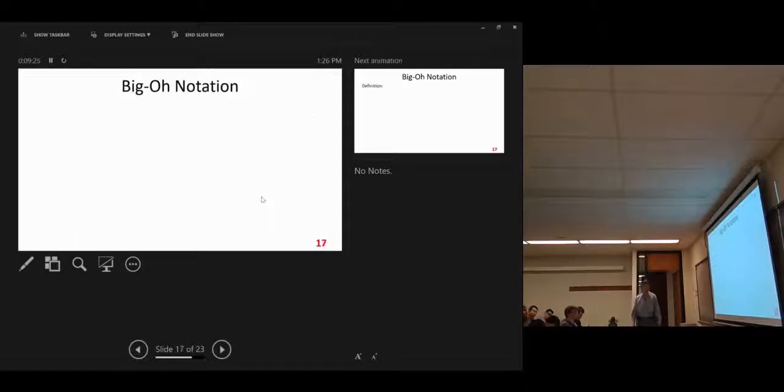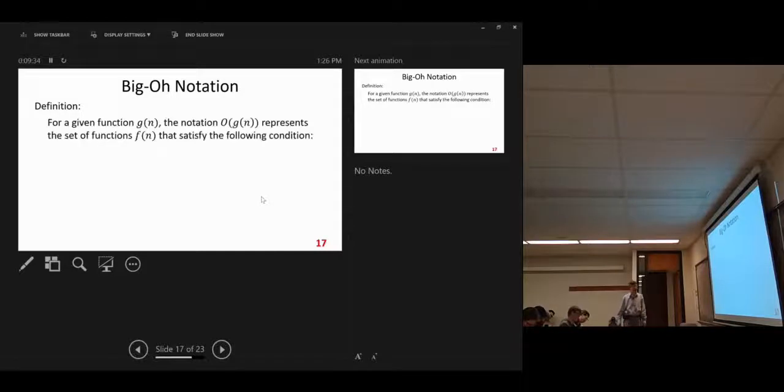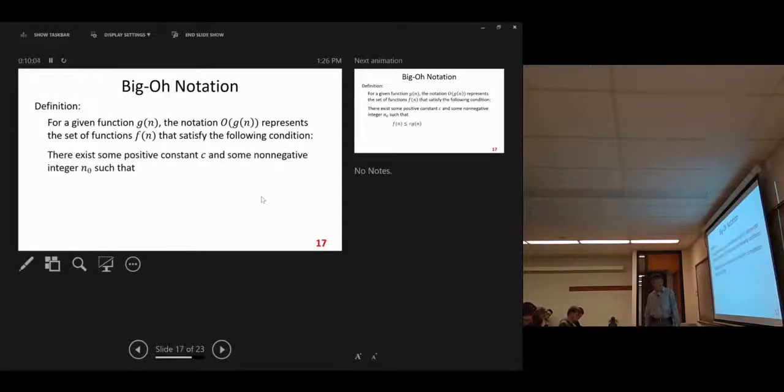All right. Big O notation. Now let's look at its definition. For a given function g of n, which is a known function, usually a simple function, the notation big O of g of n, big O, not little o. Remember we saw little o before, but this time it's a big O. It represents the set of functions f of n that satisfy the following upper bound condition.